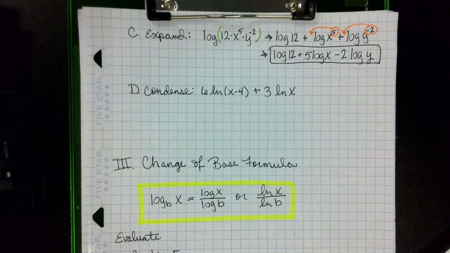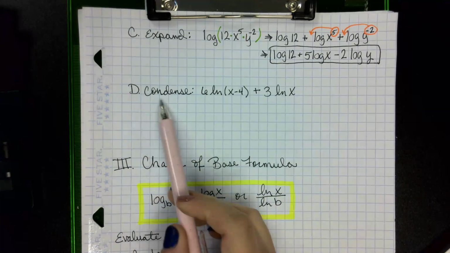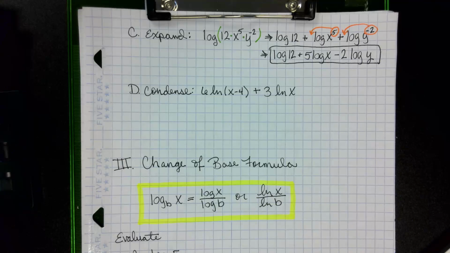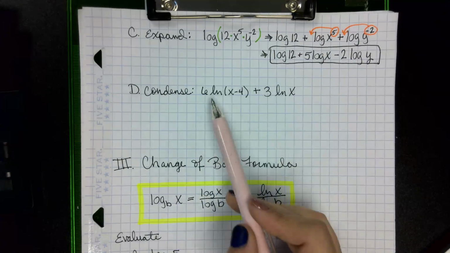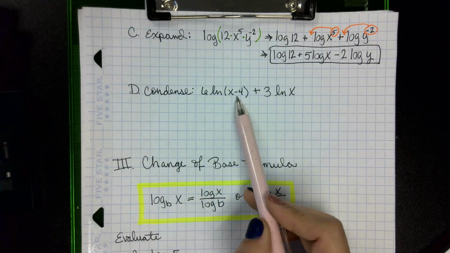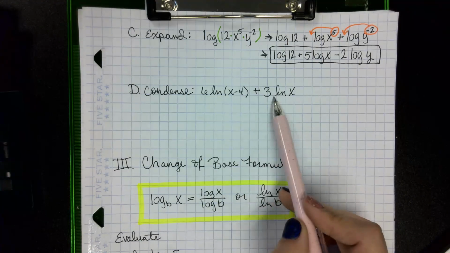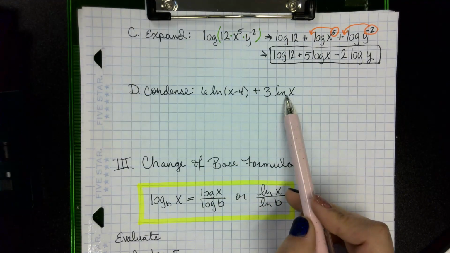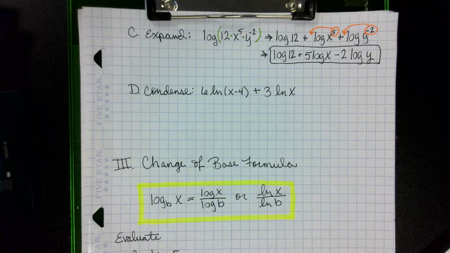The other situation you're going to be given is the next example, example D, where it tells you to condense. That just means you go in the opposite direction. So if you have 6 times the natural log of x minus 4 plus 3 times the natural log of x, you want to start with the power rule first when you're condensing.